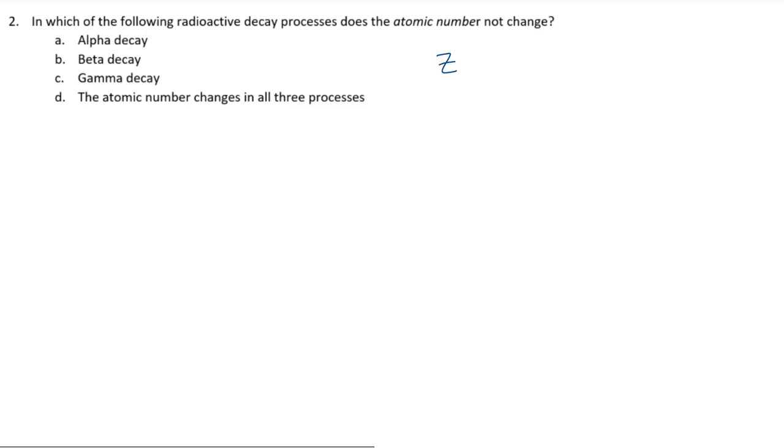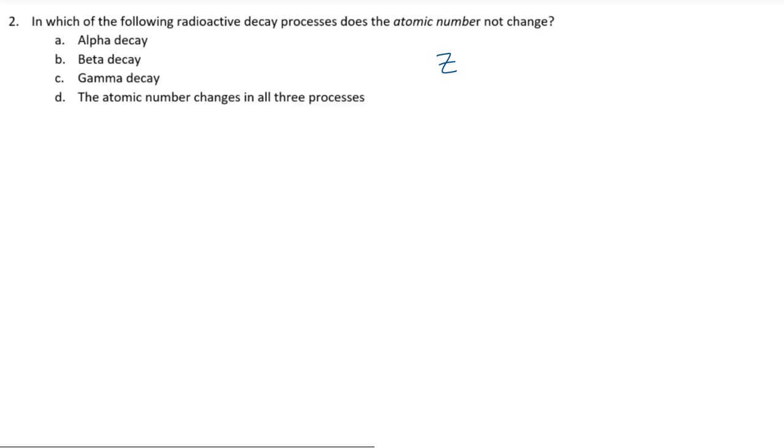Therefore, we see that we have increased the proton number by 1 in the case of beta minus decay. In the case of beta plus decay, on the other hand, a proton is changed into a neutron and a positron. Therefore, in beta plus decay, the proton number decreases by 1. In either case, the proton number changes and therefore the atomic number changes. Therefore, the correct answer cannot be option B.